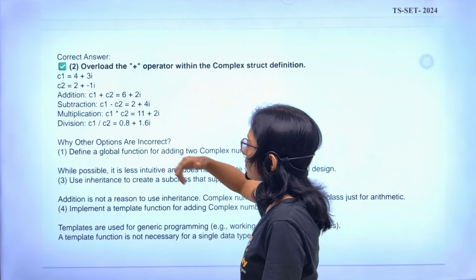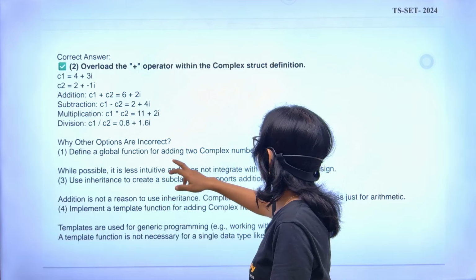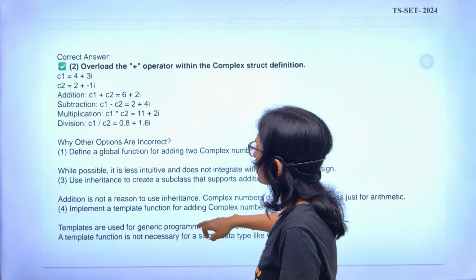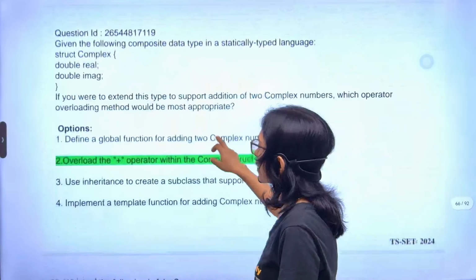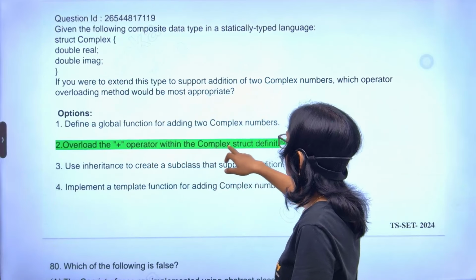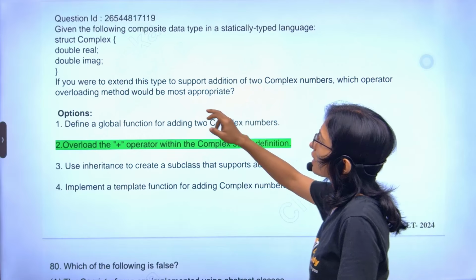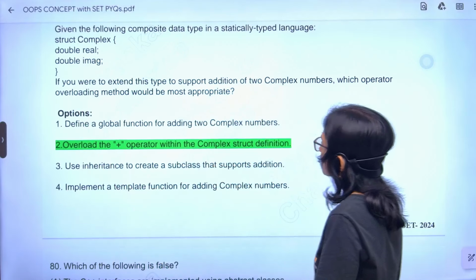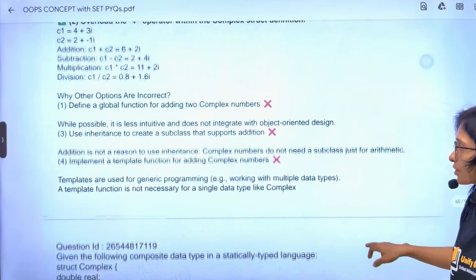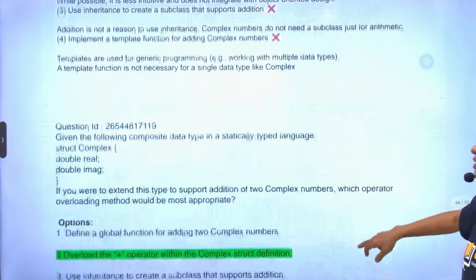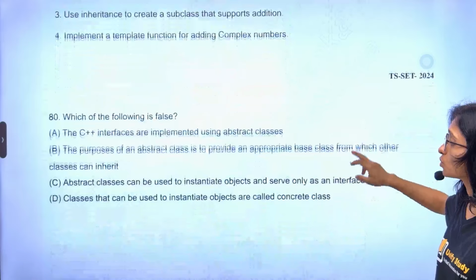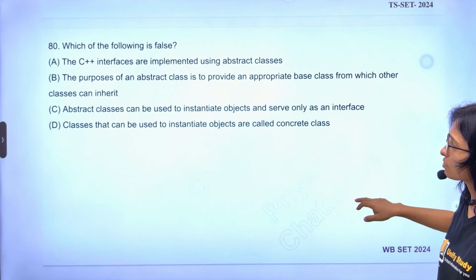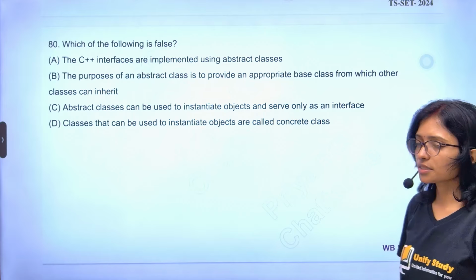As the imaginary part will be there, we have to do the extension, like overload the plus operator within the complex structure. Here this is the structure, and within this we have to overload it, right? So the answer is option 2. Now see, read it and do it.